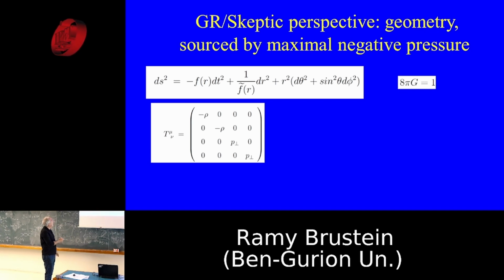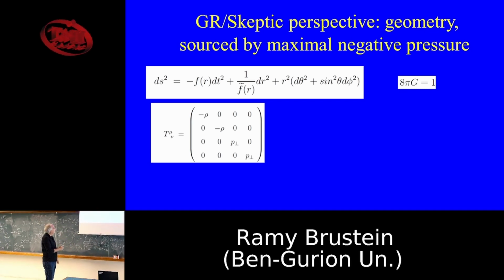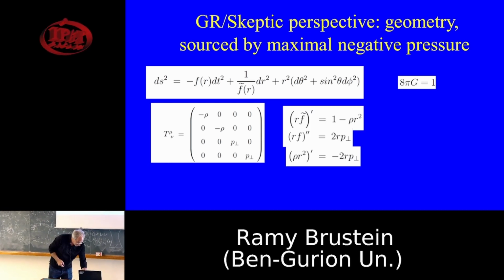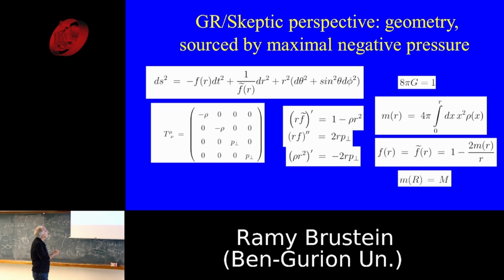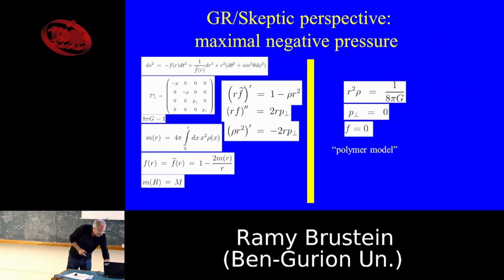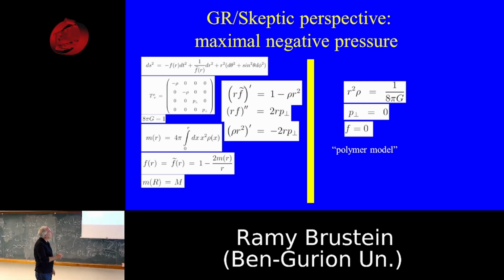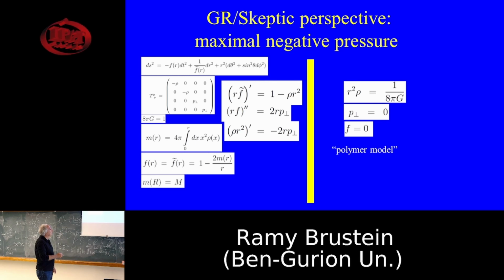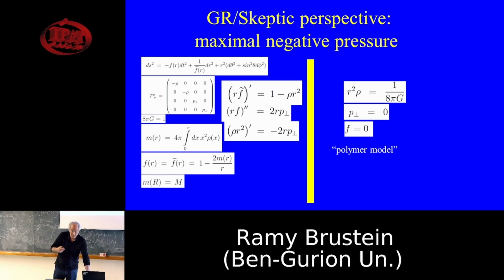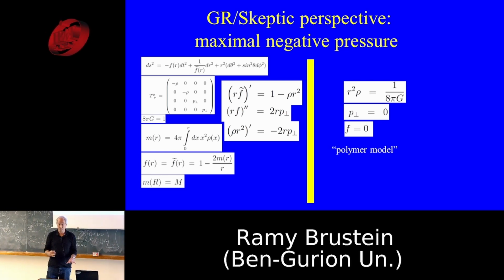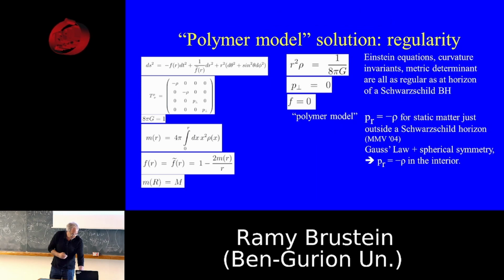Otherwise, the entropy bounds would be violated. And it turns out that in this case, if you parameterize the energy momentum tensor like so, you find a solution where both these f's vanish, right? So each sphere is a solution, and rho goes like 1 over r squared, p transverse is 0, f is 0, and p radial equals minus rho. And that object is, if you wish, equivalent for an outside observer that doesn't care about entropy to the p equals rho maximal entropy solution.